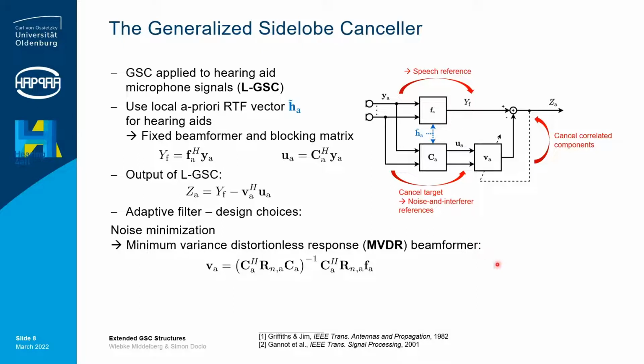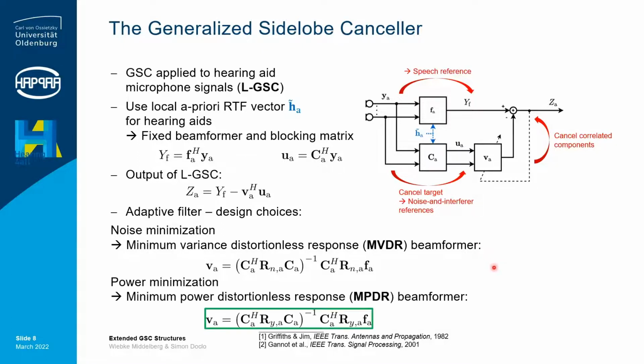And as a second option, we want to investigate the minimum power distortionless response beamformer, or short MPDR implementation, which also aims at canceling all correlated components, meaning also the interfering component between the noise and interferer references and our speech reference. So this is actually the choice that we need to make here to achieve also active interferer reduction.